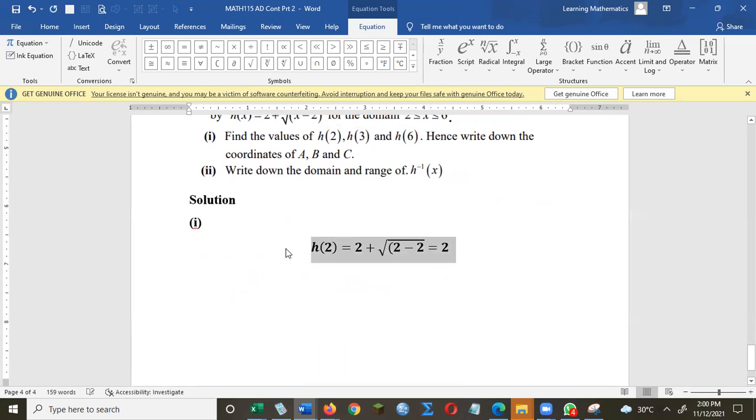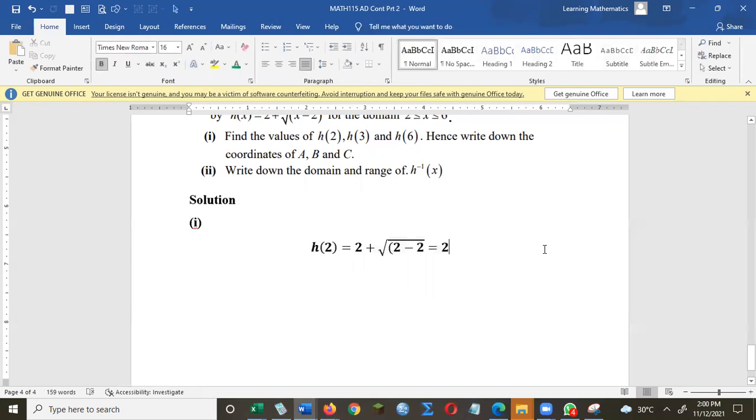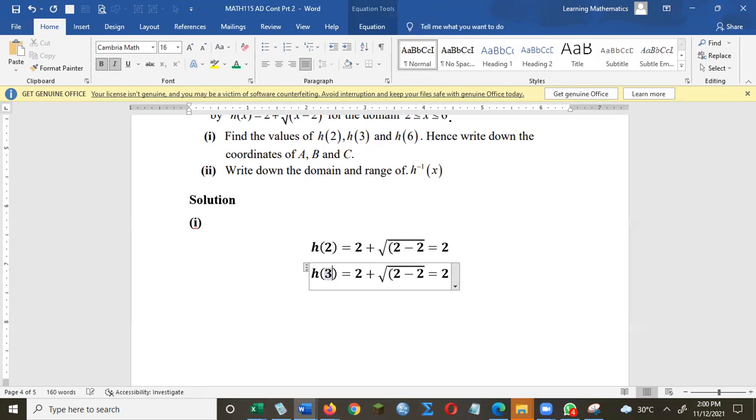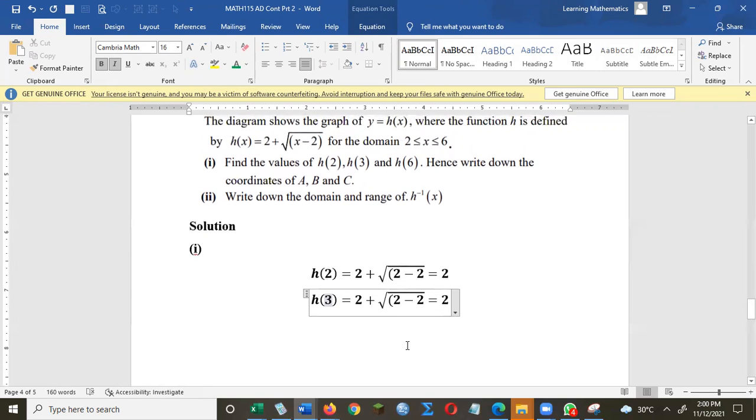H of 3 is a similar process: wherever you see x, you put 3. So it's 2 plus the square root of 3 minus 2. 3 minus 2 is 1. The square root of 1 is 1. 1 plus 2 is 3.